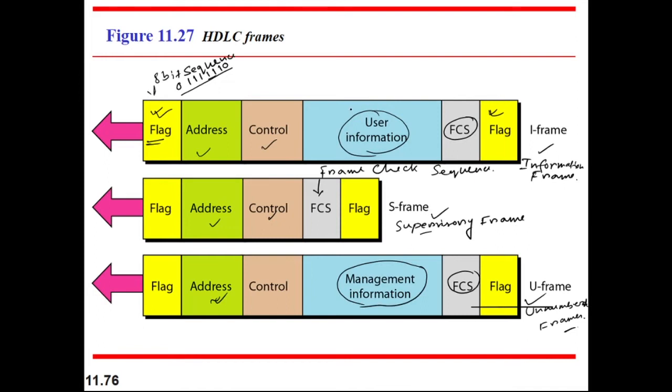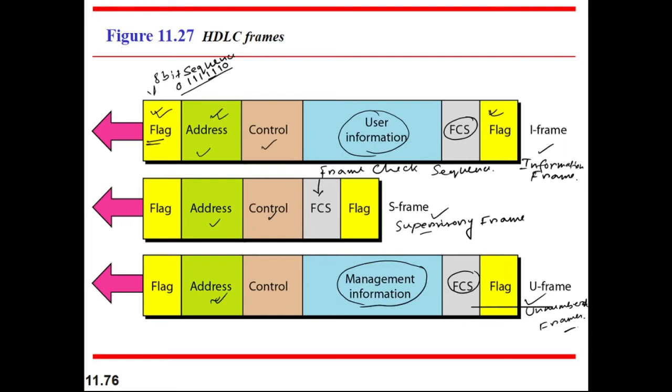When any data can hold this type of bits, we need to add some extra bit inside that, which is called bit stuffing. If you add a character, that is called character stuffing, to discriminate the flag from the data. So the flag field identifies both the beginning and the end of the frame.